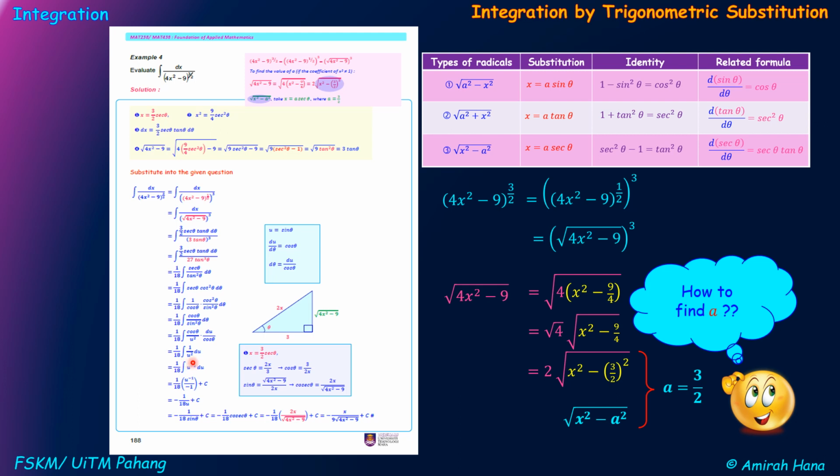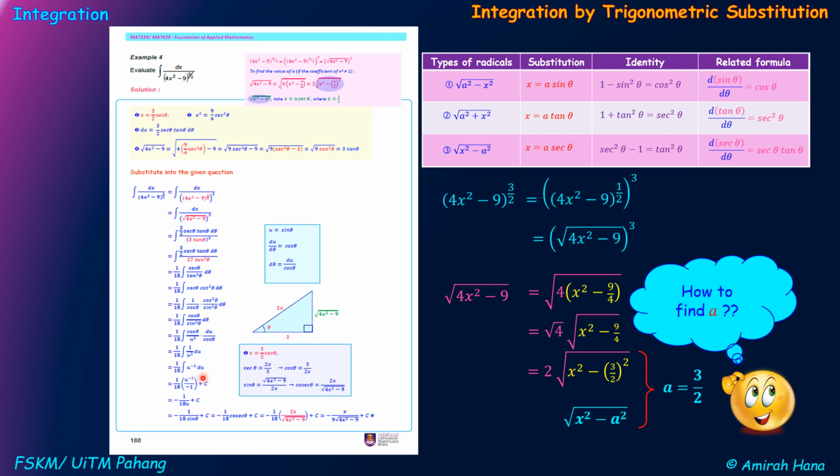No more trigo function, so we just integrate macam biasa. Kuasa u squared ni kita bawa ke atas guna properties of indices, so dapat u to the power of negative 2. And then sebab kuasa ni not equals to negative 1, so we can integrate using power rule.